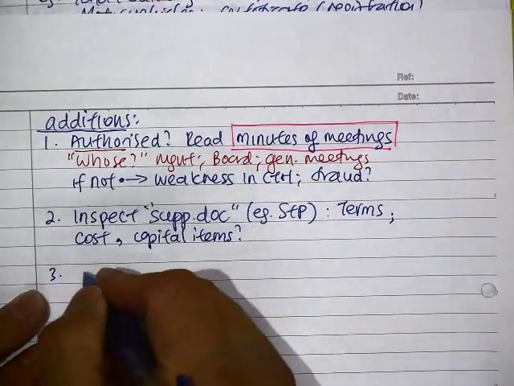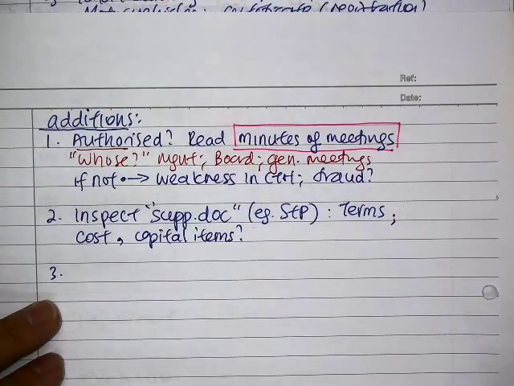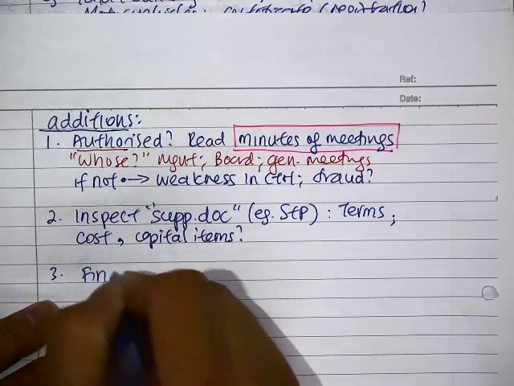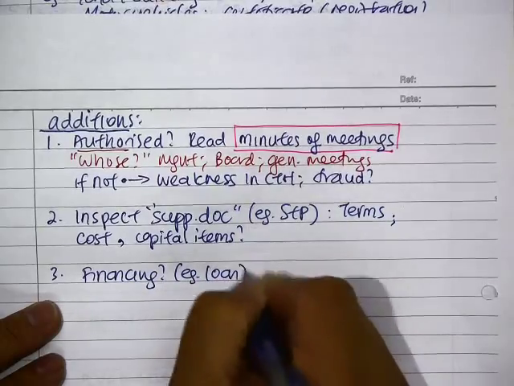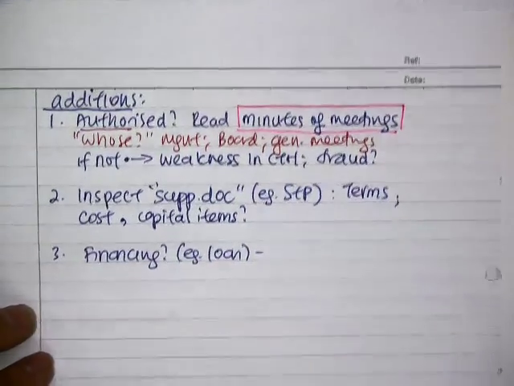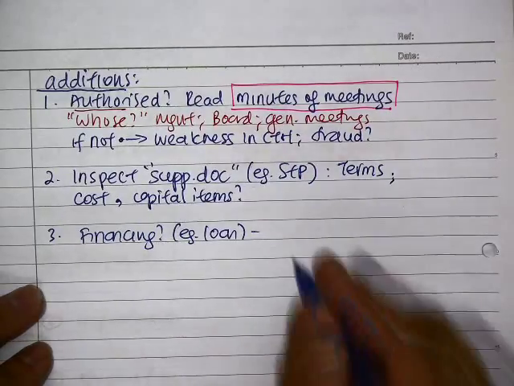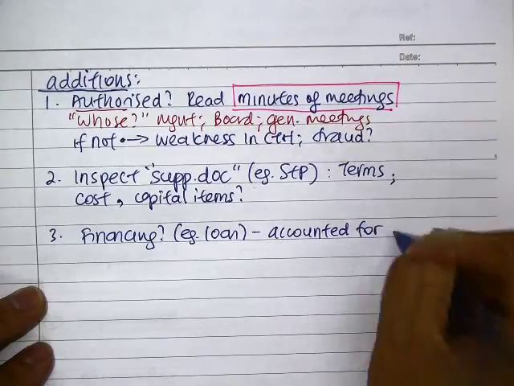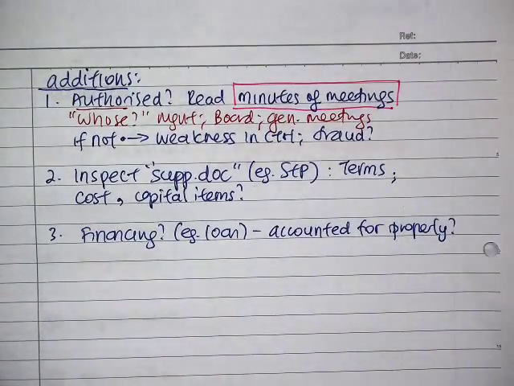Now, sometimes you buy a fixed asset, especially if the value is not cheap, a very high expensive one. Probably they might use a loan. So usually some kind of financing is involved. If they take a loan, then you probably also need to see whether this has been accounted for properly.